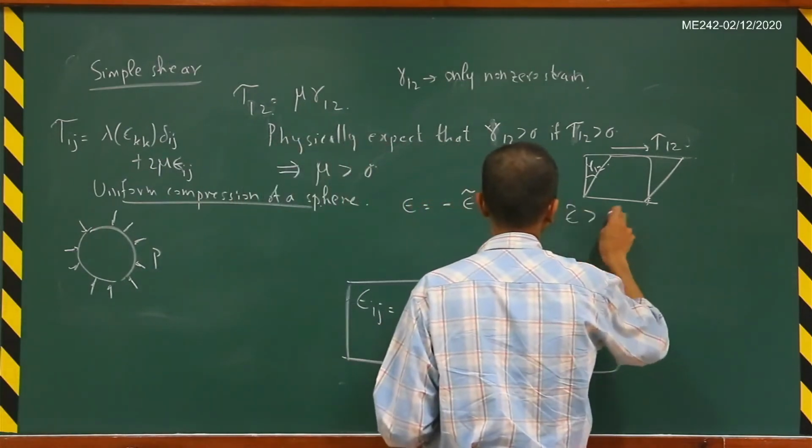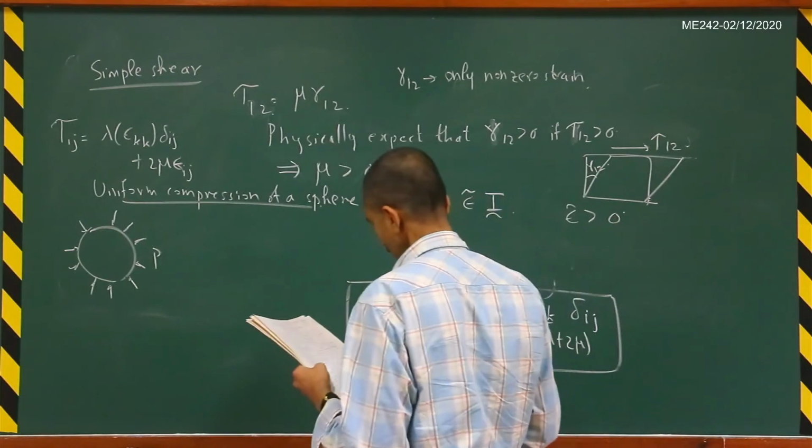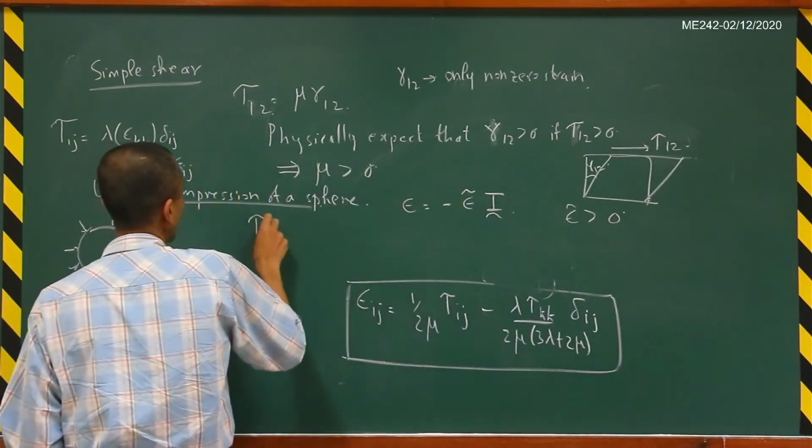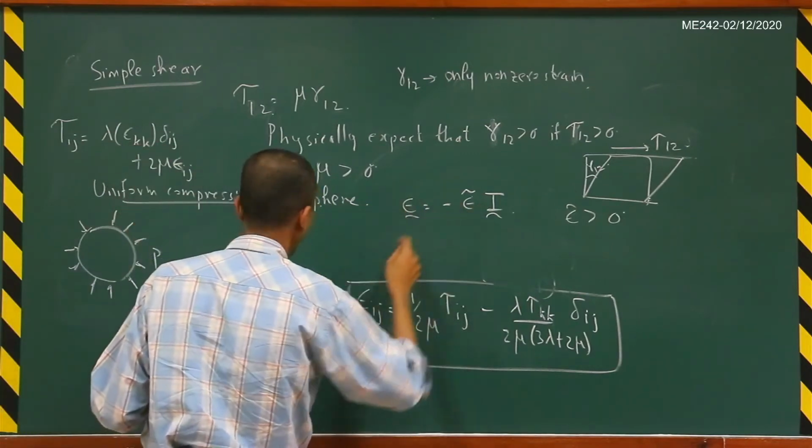So epsilon tilde is greater than 0, and this is what you would expect. And then similarly, in this particular case, what you would expect is that tau is also a hydrostatic state of stress.